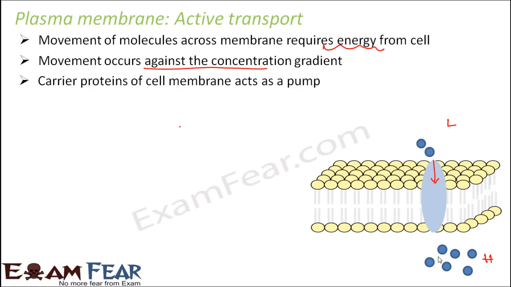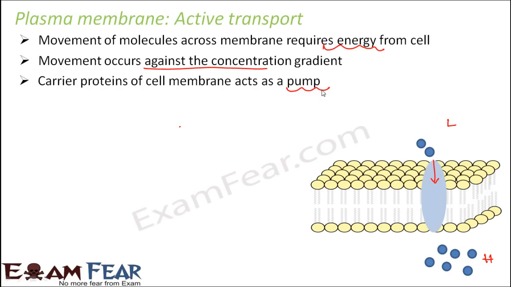The carrier proteins of the cell membrane will act as a pump. As I said, some proteins just acted as transport proteins in facilitated diffusion, just carrying the particles from one side to the other. But here, the proteins which participate in active transport act like a pump. Why pump? So that they can pump in some energy which will help the particles to move against the concentration gradient. So what is this energy?